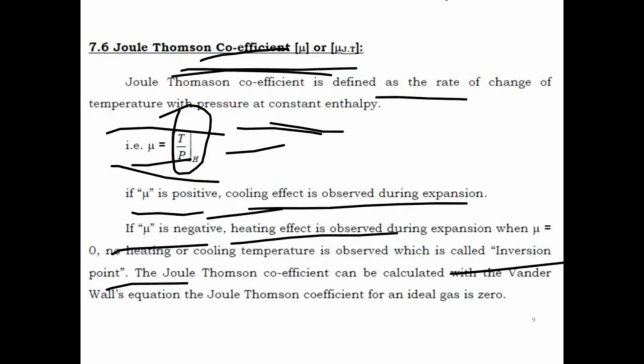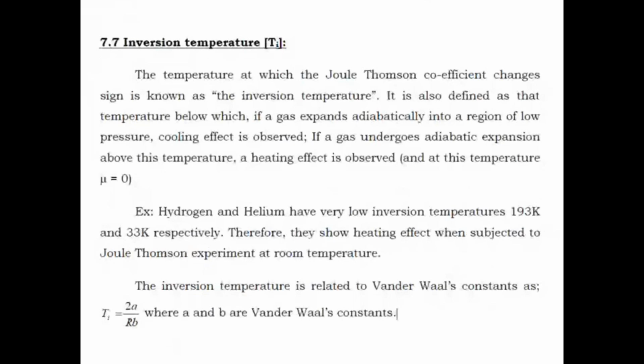So this is with respect to the Joule-Thomson coefficient. And next is with respect to inversion temperature. As I mentioned, what is inversion temperature? The temperature at which the Joule-Thomson coefficient changes its sign, from positive to negative or negative to positive, is known as the inversion temperature.